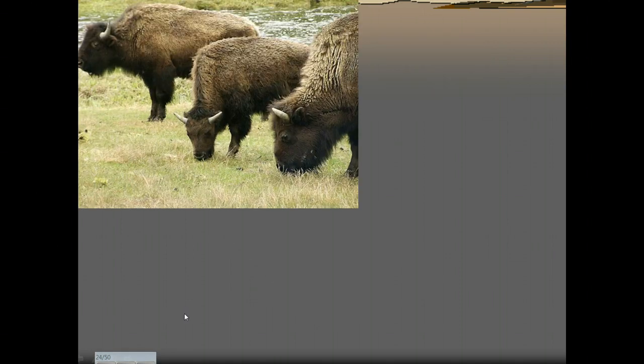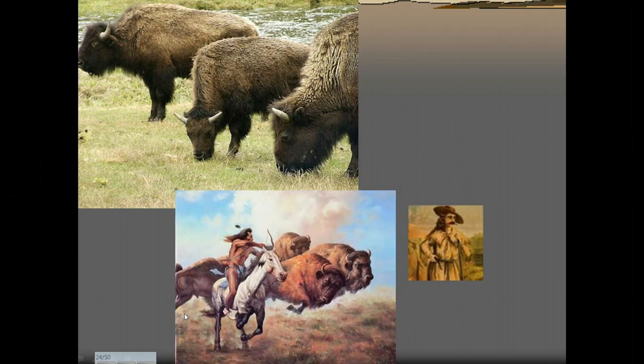So the United States took some measures to stop that process and to protect them. Okay, so we'll talk later on about endangered species and things of that sort. But since we're talking about grasslands, they happen to throw all of this into the mixture here and show you, of course, there's a Native American, and they killed bison as well. The difference was the numbers that they killed. The difference was how they used them.